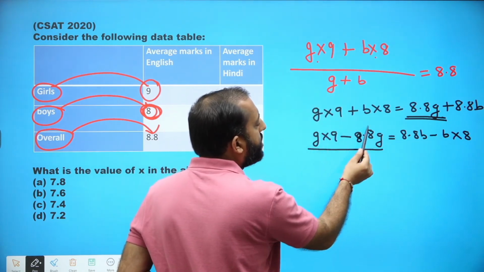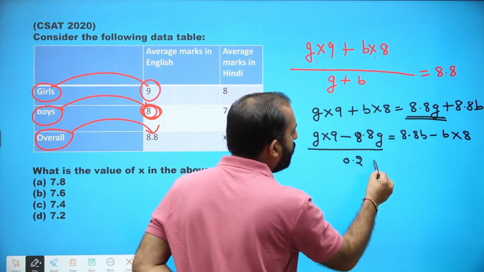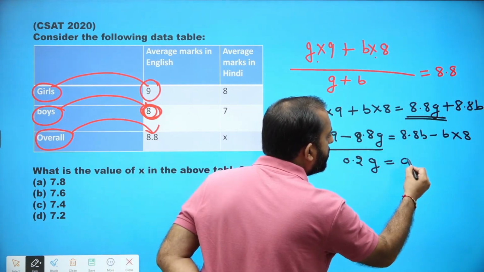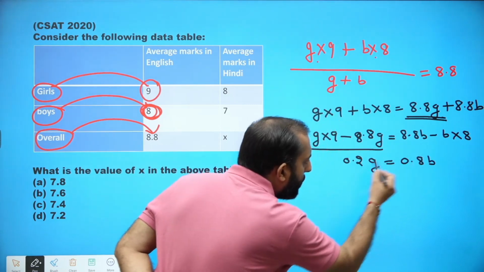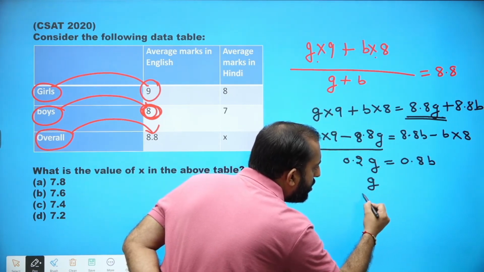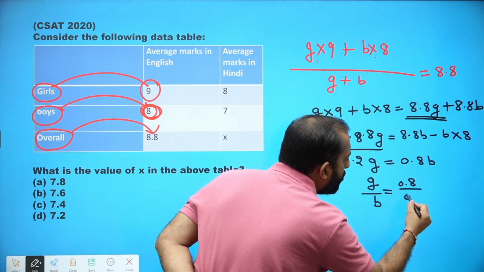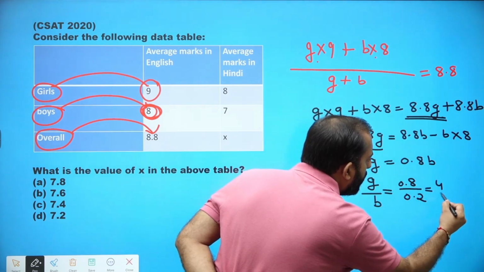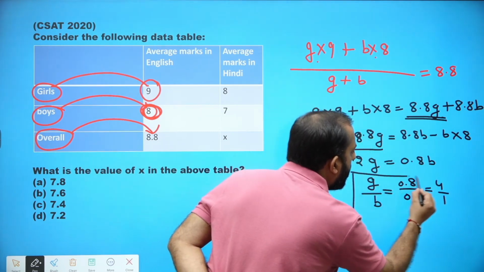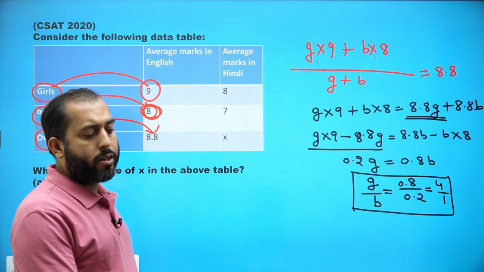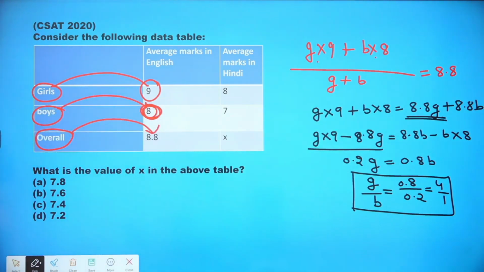So 9 minus 8.8 is 0.2 G. And on the other side, 8.8 minus 8 is 0.8 B. Now from here, if you solve this, then girls to boys will be equal to 0.8 upon 0.2, which is equal to 4:1. So this is the ratio of girls and boys. Kindly make a note of it.